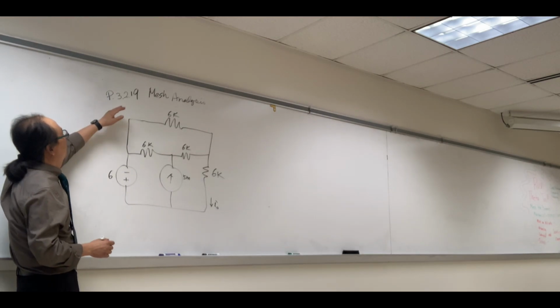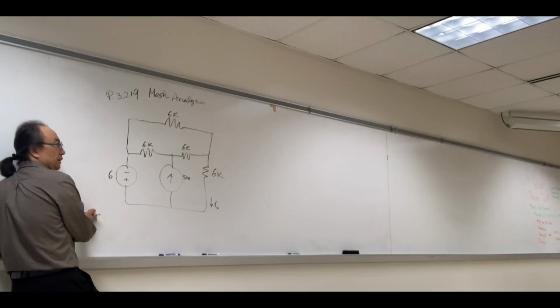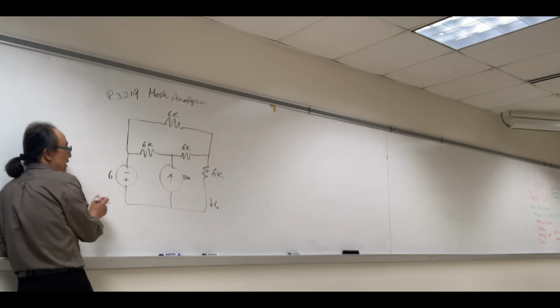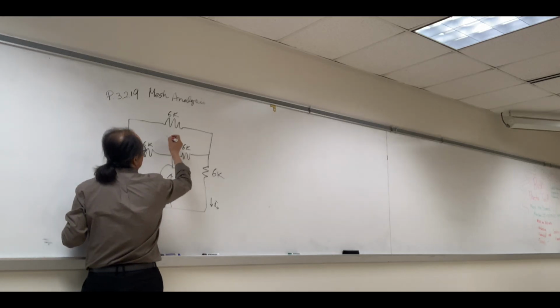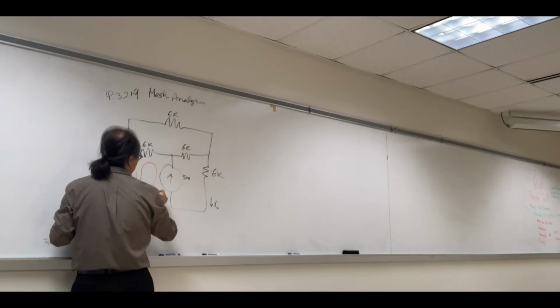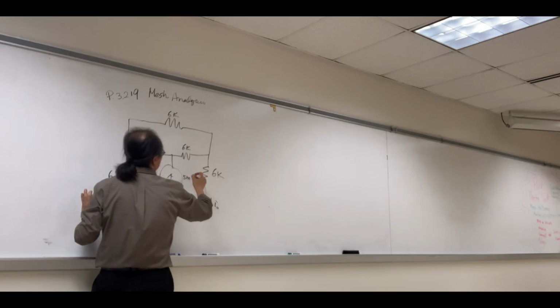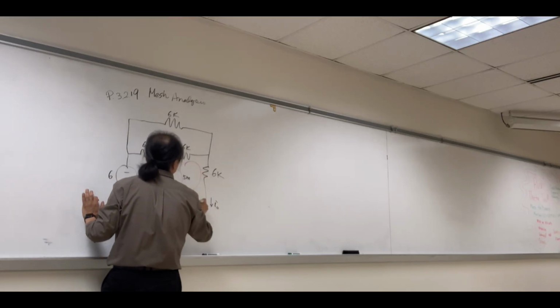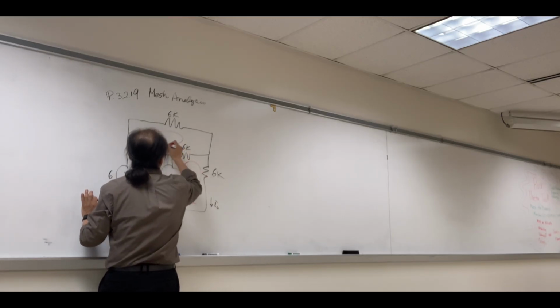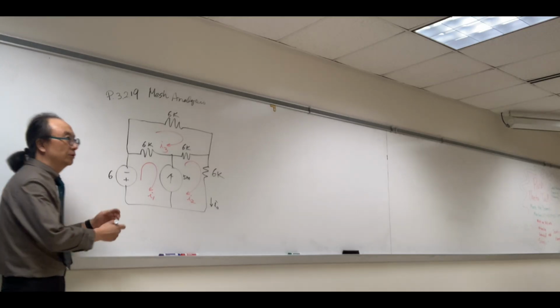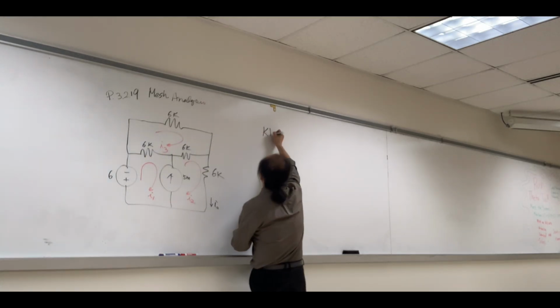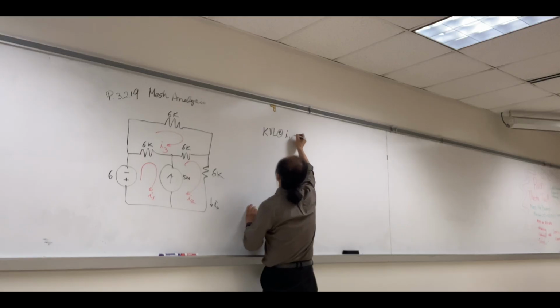So let's work on problem 3.2.19. Now we need to assign the mesh currents first. So I'm going to have I sub 1 here, I sub 2 here, and I sub 3 here. Okay, now what do we do? KVL using I sub 1.